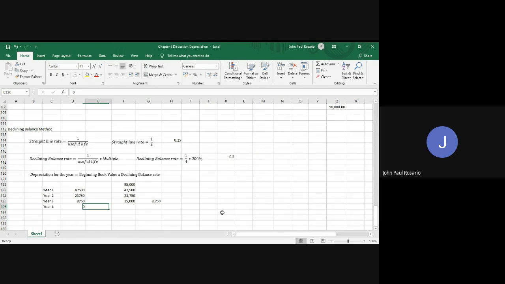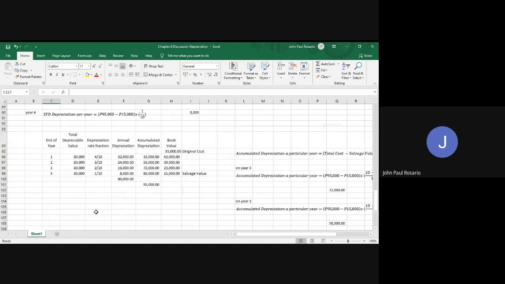To maintain your 15,000. Now, if you will ask me, sir, is that okay? Is that possible? Yes, it is okay, and yes, it is possible. The thing with declining balance method and SYD, as you can also see, guys, is that the depreciation expense decreases gradually. Meaning, it is big at the start and gets smaller toward the end, same with SYD.